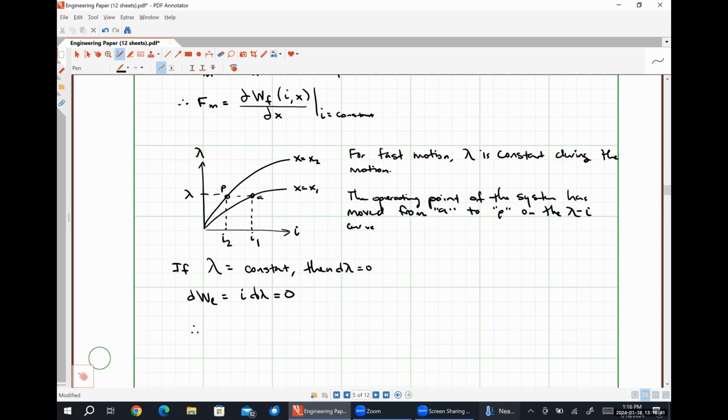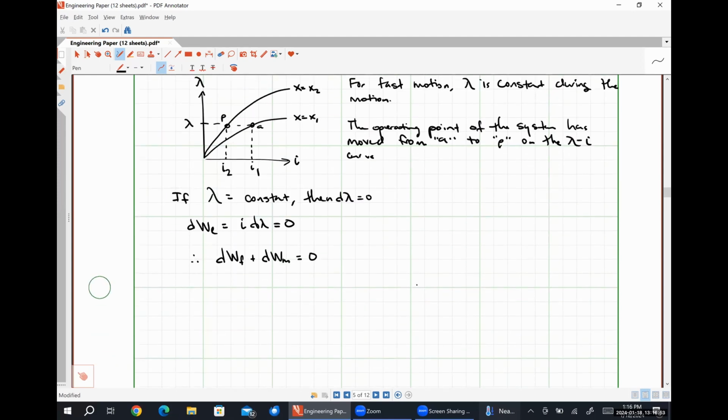And so we should see that dWf plus dWm is zero, which in turn means that our mechanical energy is equal to negative the change in our field energy.